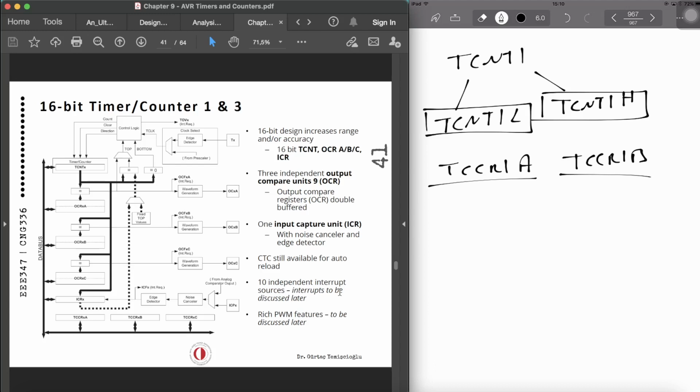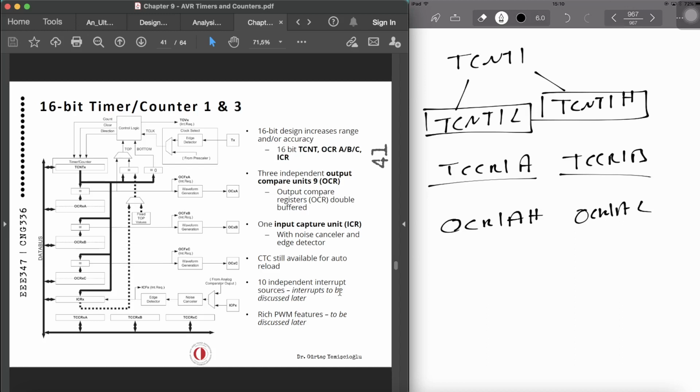And we also have OCR registers. So it's going to be OCR1A high, OCR1B high, A low and B low, because there are two separate ones that we can use.